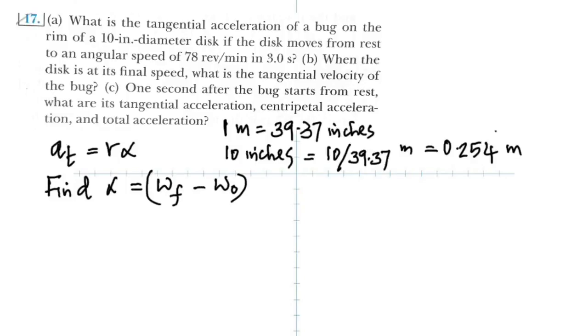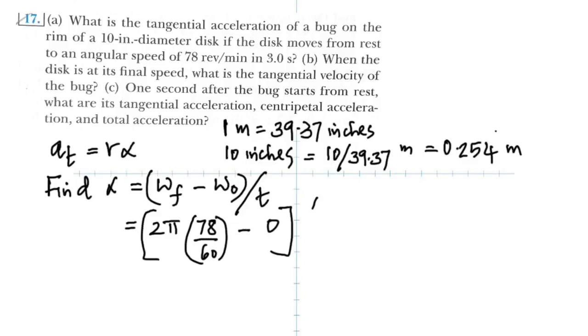So the idea is to find the tangential acceleration. We have to have the radius and alpha. Now radius is already given directly, which we have found. So we're looking for alpha. And to find alpha, we use this equation, change in angular velocity by time.